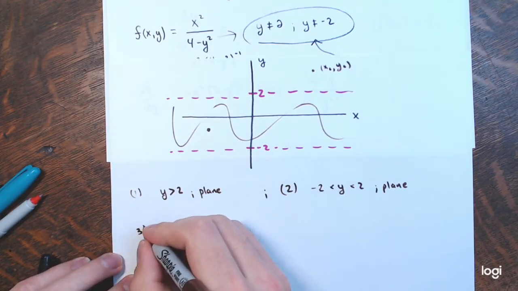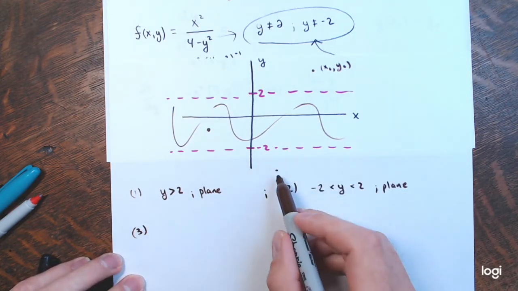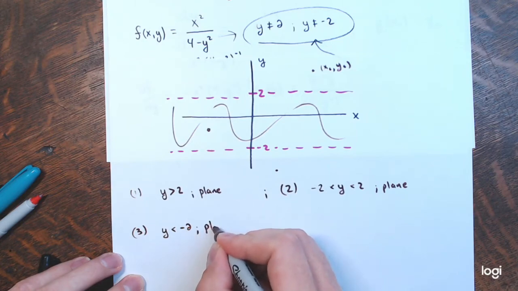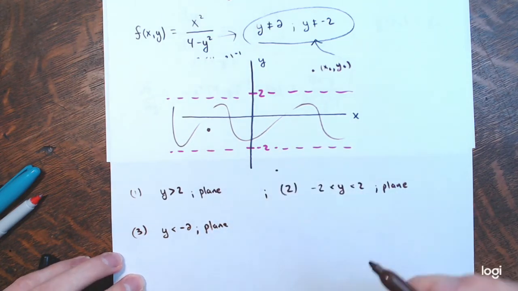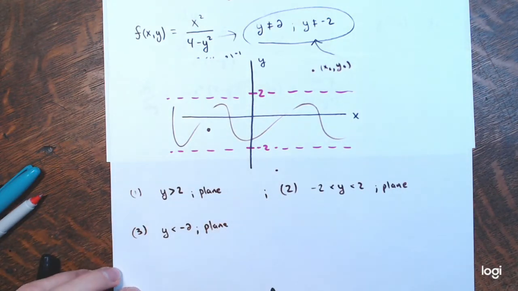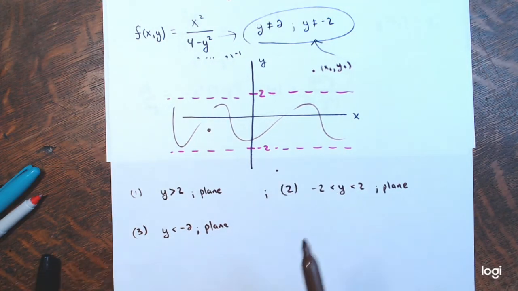And the third one is if the point from the initial condition were below y equals negative 2. Your region would be the plane where y values are less than negative 2, and by the theorem, you'd be guaranteed a unique solution to the initial value problem passing through any point down here.